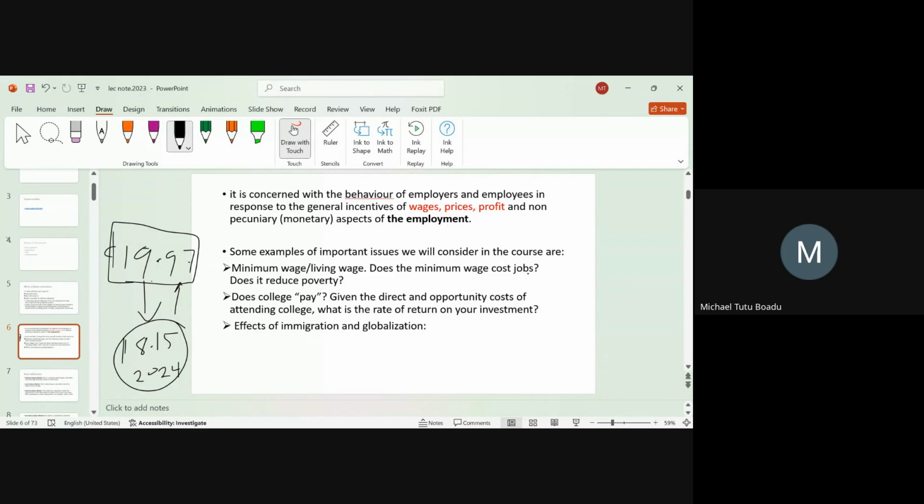And do you think when the minimum wage increases, it can reduce the level of poverty? Does an increase in minimum wage reduce the level of poverty?